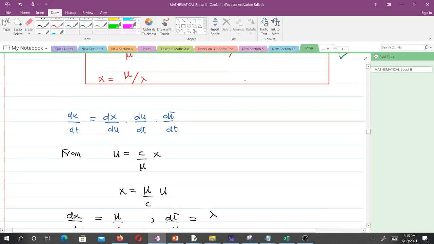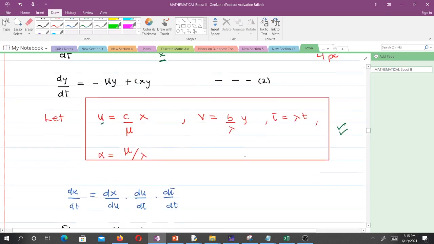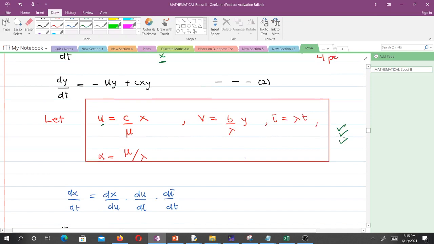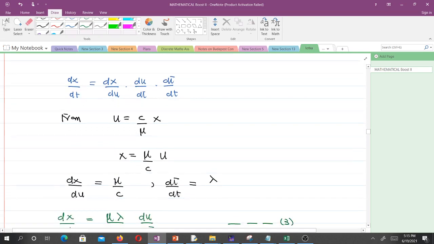Then we have u equal to c over mu times x. From this equation, I told you to take a very good look at them, because we'll be referring to them a lot, right? So from u equals c over mu x, we'll have x equal to mu over c times u, right? So we have to find dx/du.